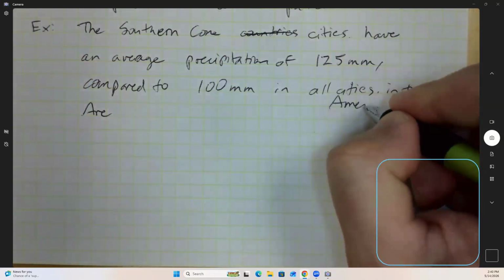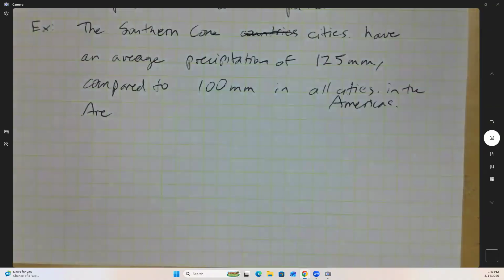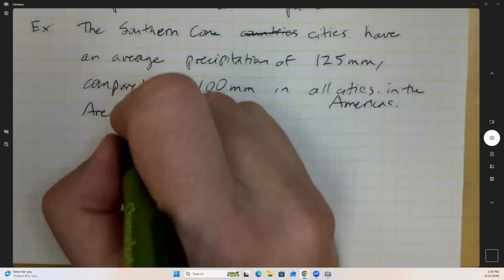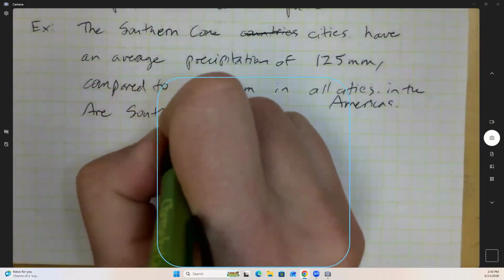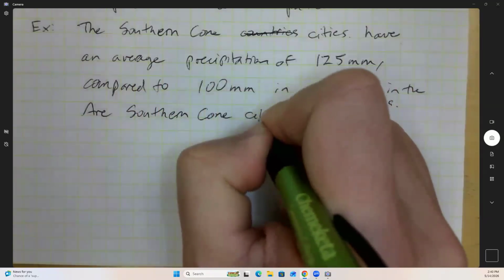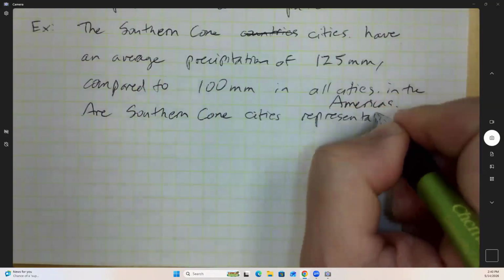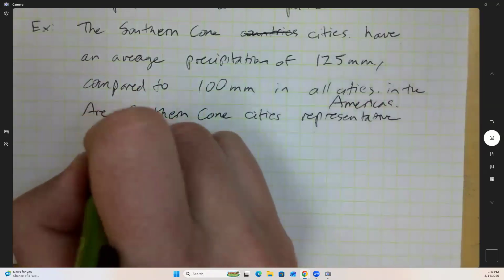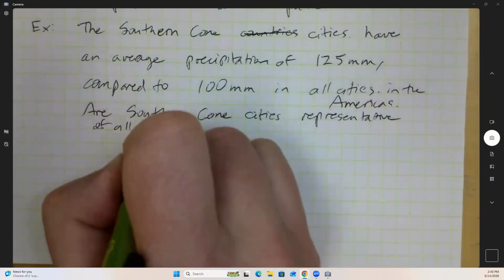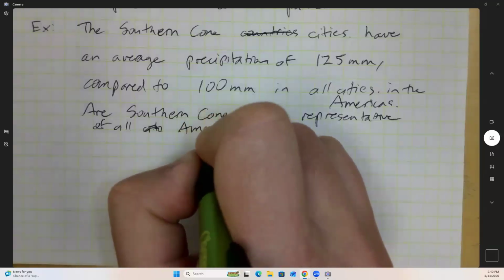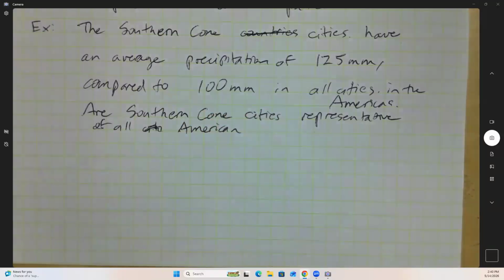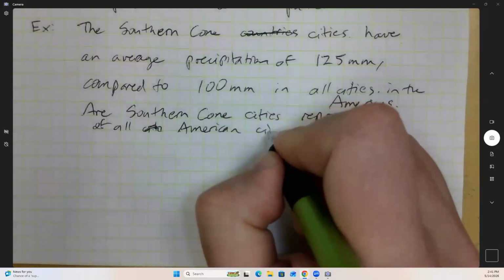I think that was the actual data. Here by American, I mean the Americas, not the United States of America, right?